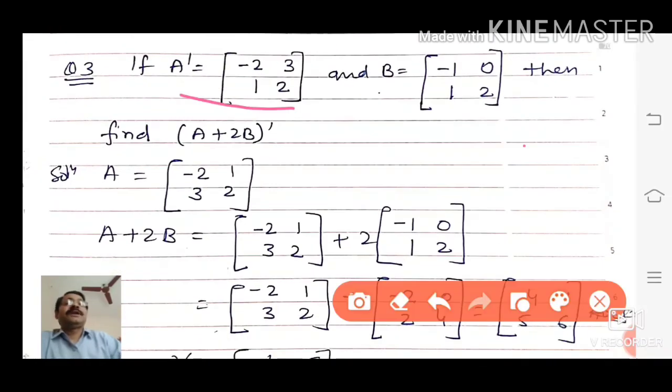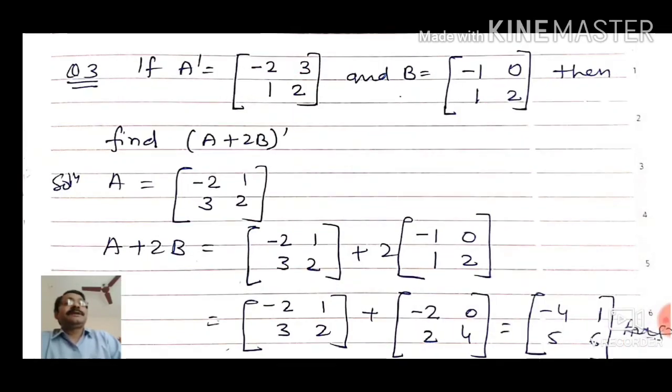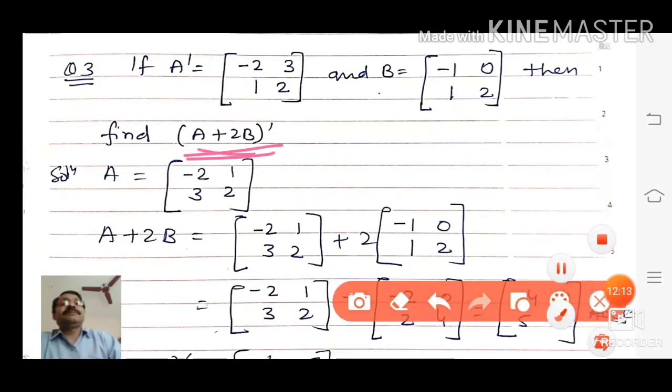Now one more question. A transpose is given to you, B is given to you, and you have to find (A plus 2B) transpose. First you find A. How do we find A? First row becomes first column, second row becomes second column, so you get A. Now you put the values in A plus 2B.